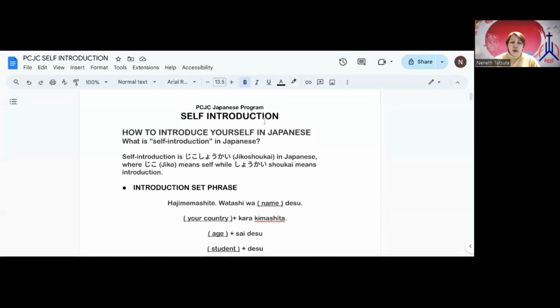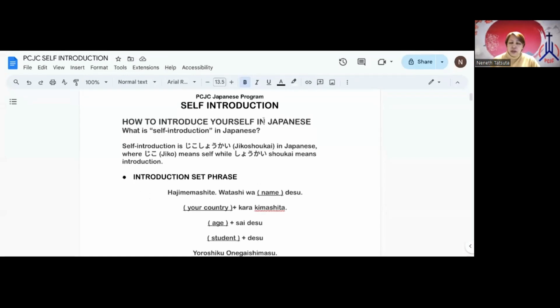So we will go to the third lesson that we have. This is the self-introduction. Why we started at basic greetings and then the second is the numbers is because it is important that you know the introduction set phrases for your self-introduction.